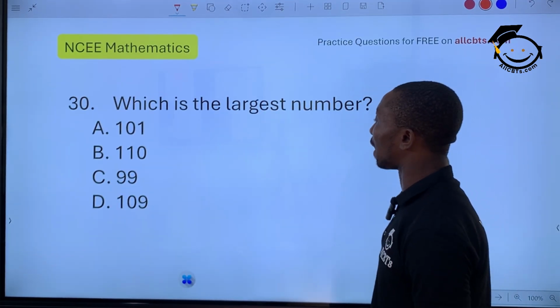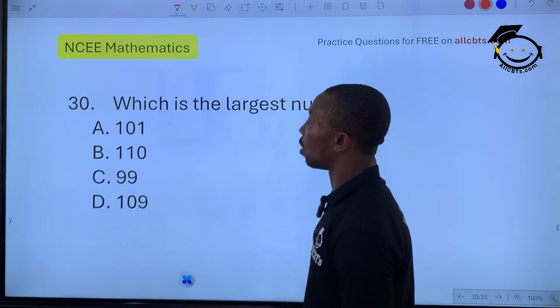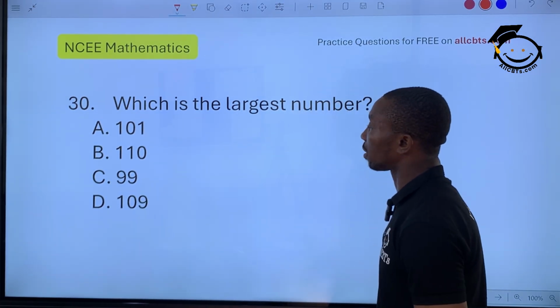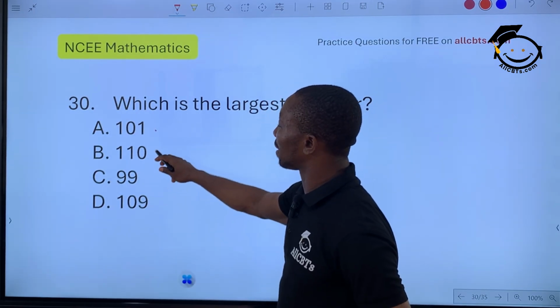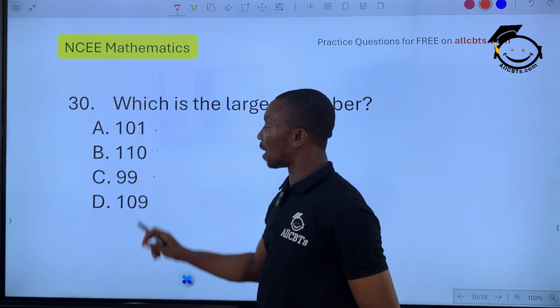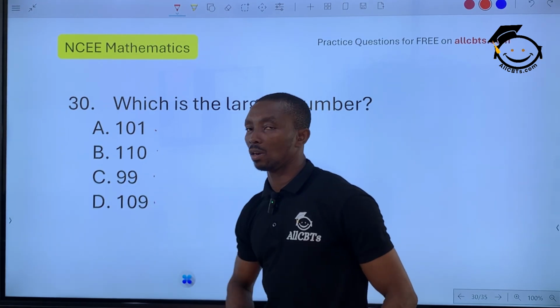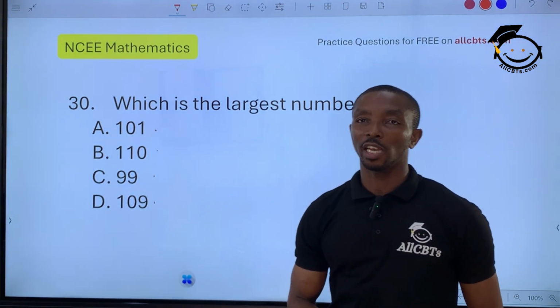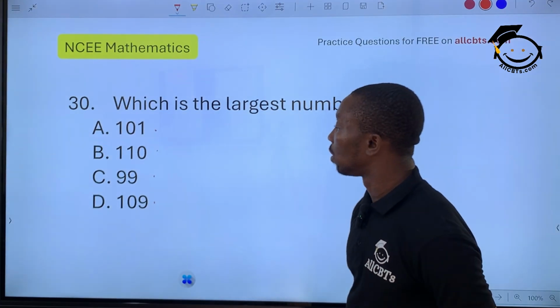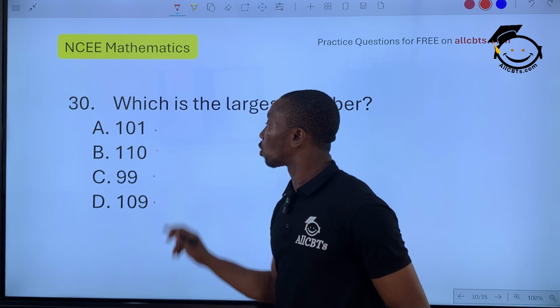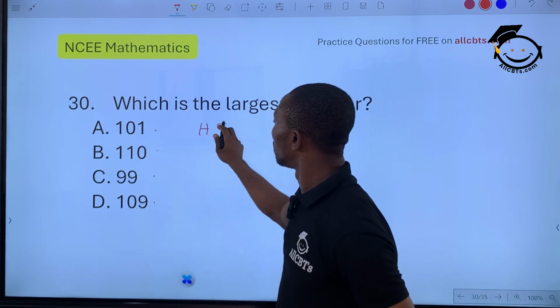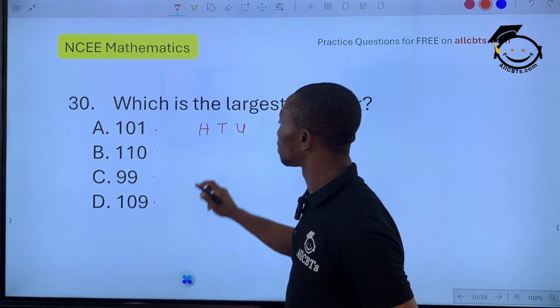Which is the largest number? If we look at our numbers, we have 101, 110, 99, and 109. Which is the largest number? In order to know your largest number, you consider your hundreds, tens, and units.